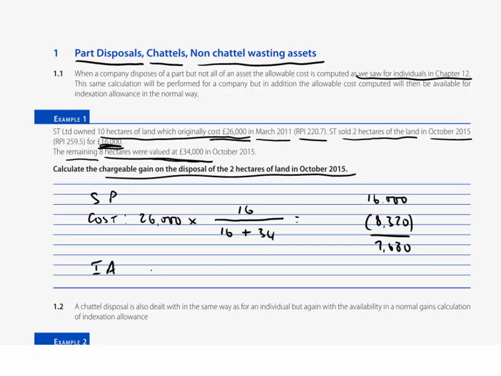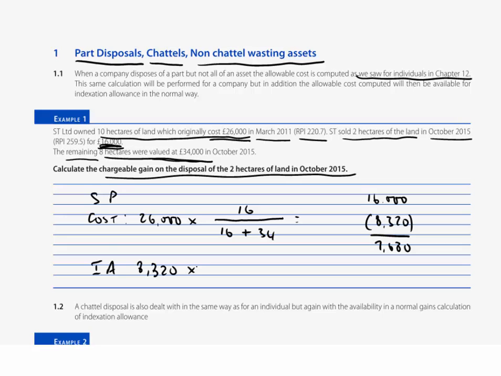So what was the allowable cost? The allowable cost, 8,320, times the indexation factor. Now you again should be able to do that now. If not, we've got ourselves a bit of a problem. Go back to the previous chapter and rework the basis of the indexation, but hopefully this is not a problem.